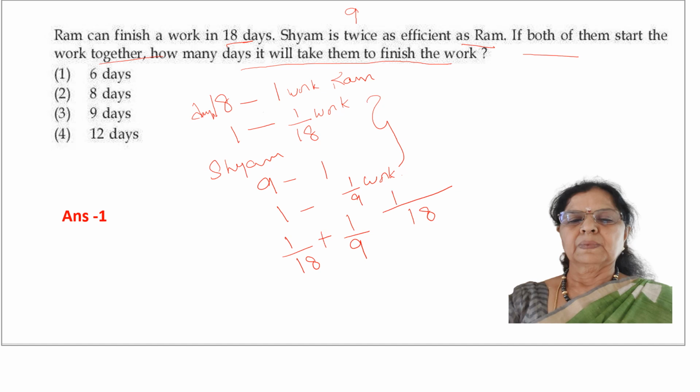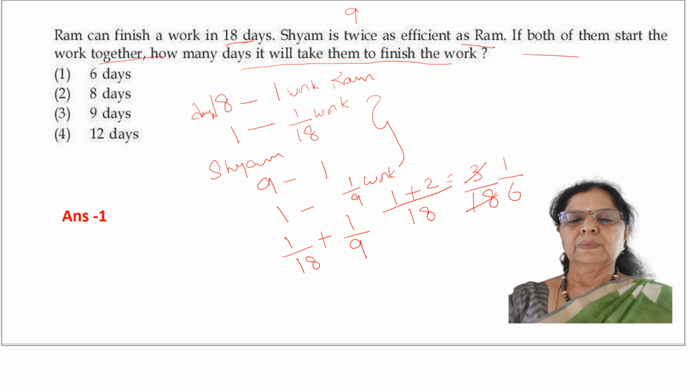So you get 1 plus 2 times 1, that is 3 by 18. 3 by 18, you simplify, you will get 1 by 6. So together they can finish in one day 1 by 6 of the work.